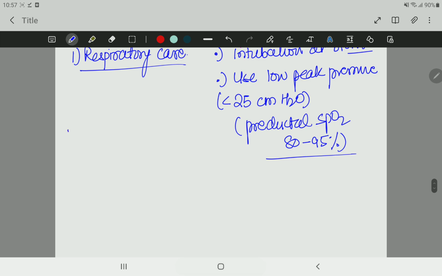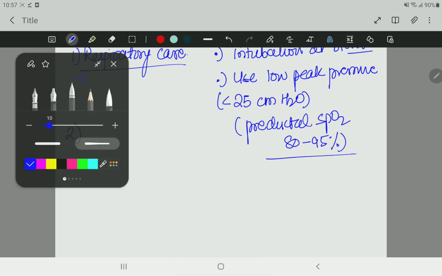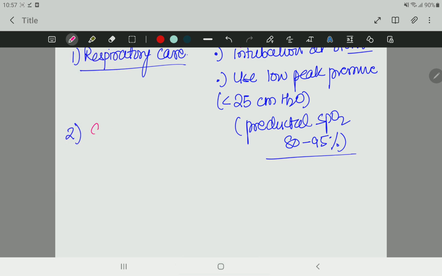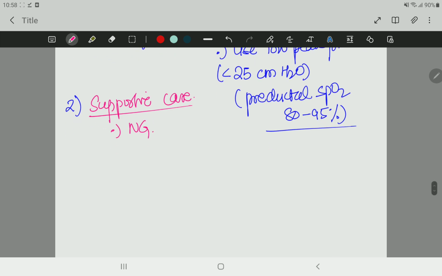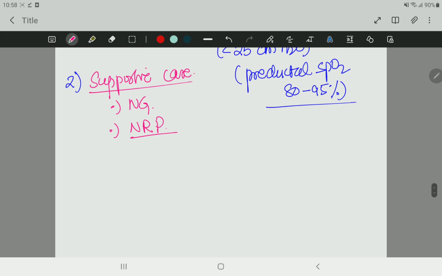Then the supportive care includes inserting an NG tube to decompress the bowel loops which are in the thoracic cavity, chest compressions, and medications as per the neonatal resuscitation protocol. The third and most important thing is one should avoid paralytic agents.